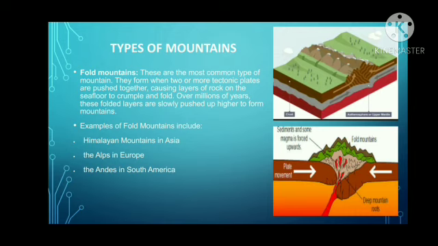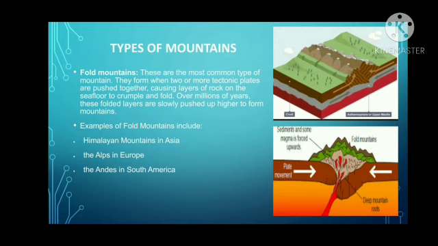In this kind of situation, fold mountains are formed by compressional stress, wherein we can see that the direction of the arrows or forces is in compression. Over millions of years, these folded layers are slowly pushed up higher to form mountains. Examples of fold mountains are the Himalayan mountains in Asia, the Alps in Europe, and the Andes in South America.